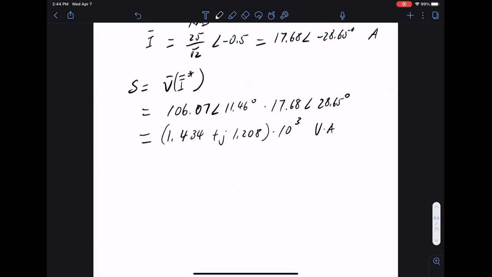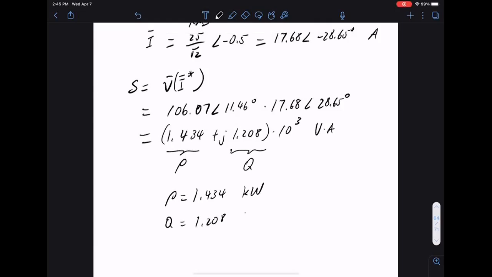Then if you want to talk about the active and reactive power, just read out the real and the imaginary part. So this is P, this is Q. P is 1.434 kilowatts, right? kW, kilowatts. Whereas Q has a different unit, kVA reactive.